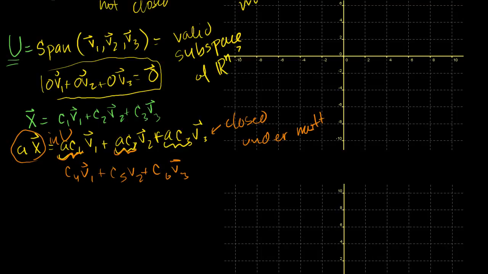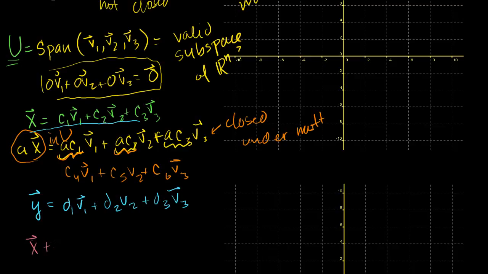So let me prove that. We already defined one x here. Let me define another vector that's in U, or that's in the span of these vectors, and it equals, let's say, d1 times v1 plus d2 times v2 plus d3 times v3. Now what is x plus y?